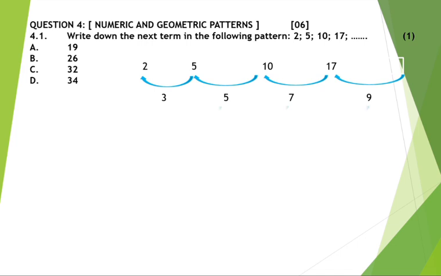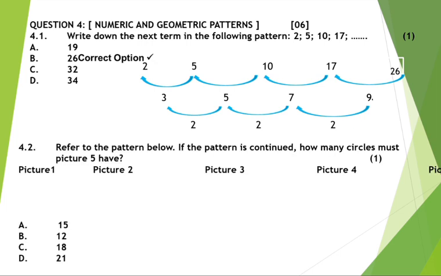Let me check the next difference: the differences themselves have a difference of 2, 2, 2. So I need to add another 2 there, which gives me 9, and 17 plus 9 gives me 26. So the next term is 26, and the correct option is 26.